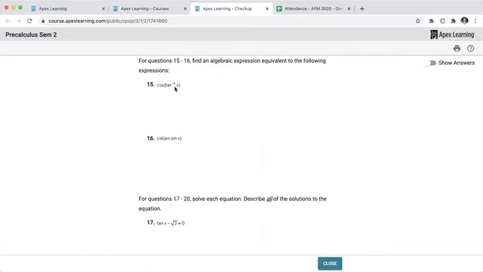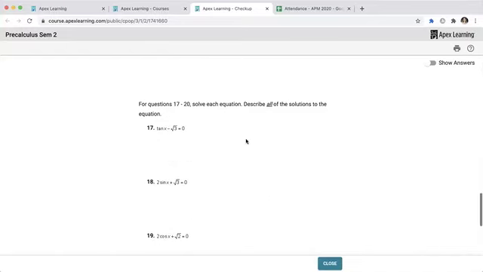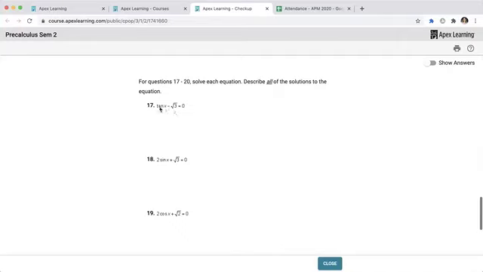Then again, 15, 16, you're going to do the exact same thing where you figure out what this original angle would look like on your triangle, and then you solve from there. And then here, hopefully what you can notice is I've got tan of x minus square root of 3 equals 0.